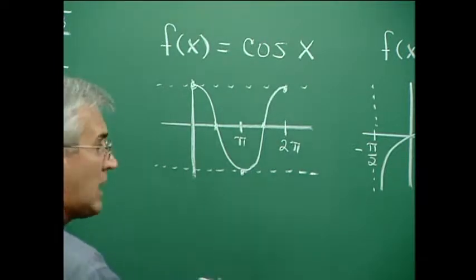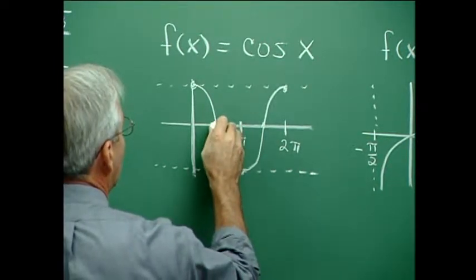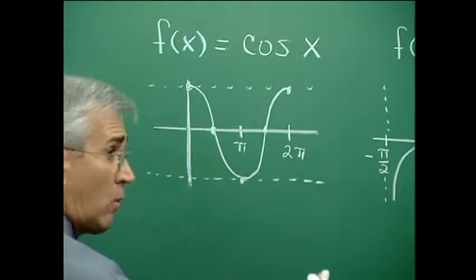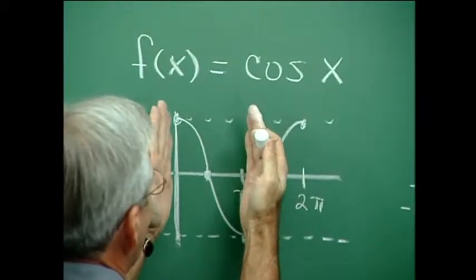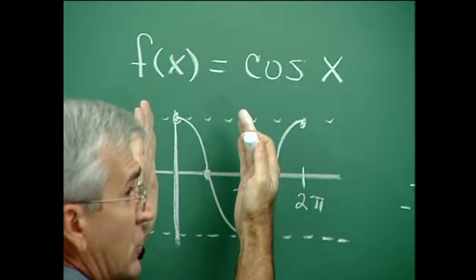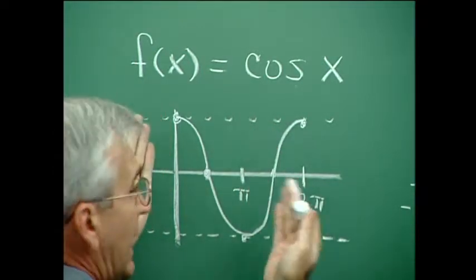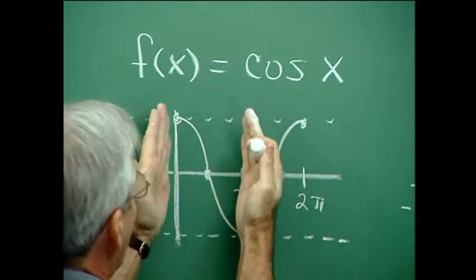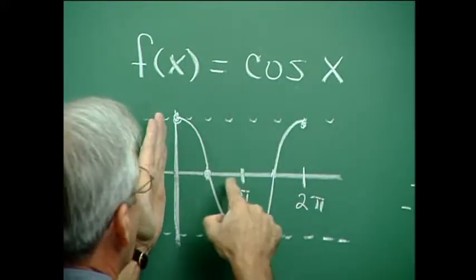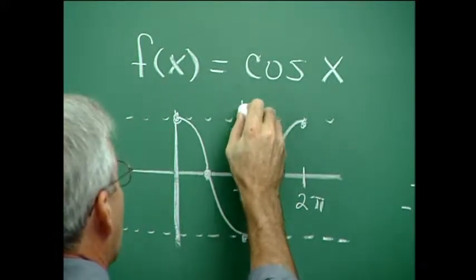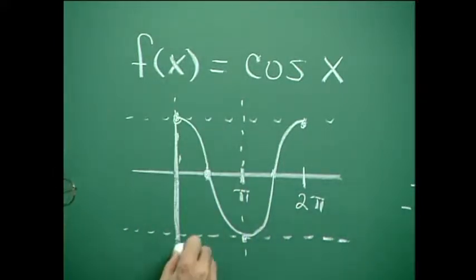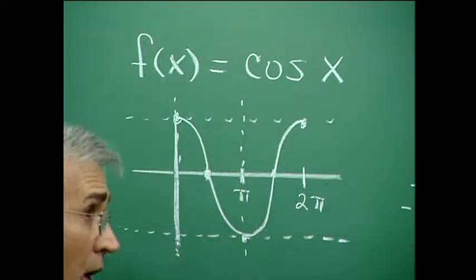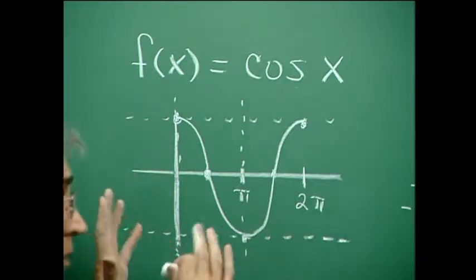Now we have a really nice, almost built-in limitation on the domain here. Remember, we want an interval over which the function takes on every value within its range, that is, every value from negative 1 to 1. And that occurs within the interval from 0 to pi. So that will be the interval over which we define our function, and therefore will allow us to generate an inverse that will be a function.